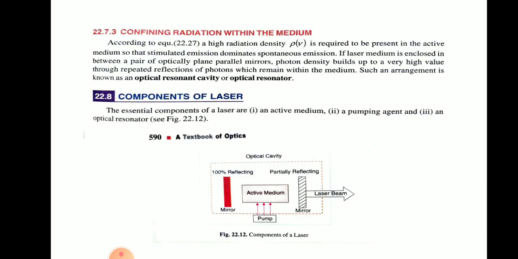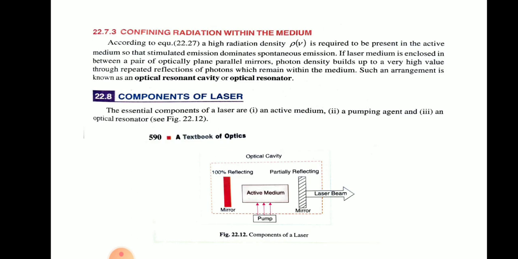Then the active medium, which is pumped, and again a partially reflecting mirror, then the laser beam is produced. So when pumping, the optical cavity is shown, and when a photon travels towards the left hand side, it is reflected 100% from the mirror and starts moving to the right hand side.